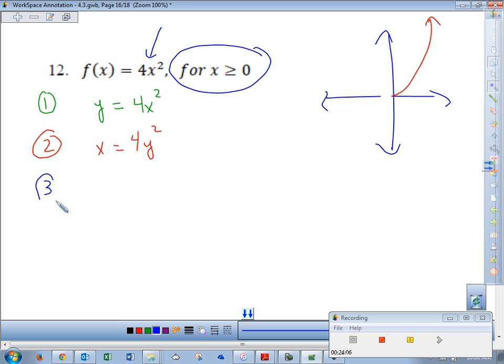What would be our first move in solving for y? Get y squared all by itself is what we want to do. What will be our first move? Divide by 4. So x over 4 equals y squared. Y'all down with that?